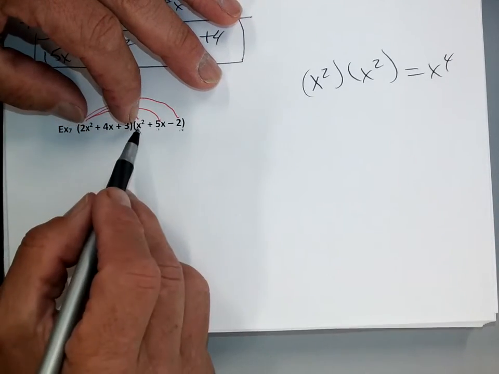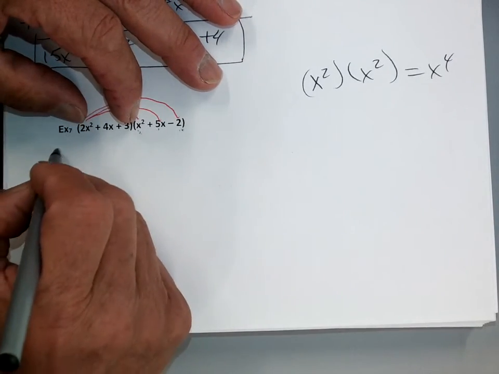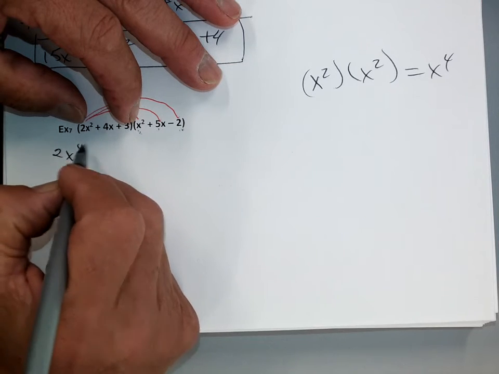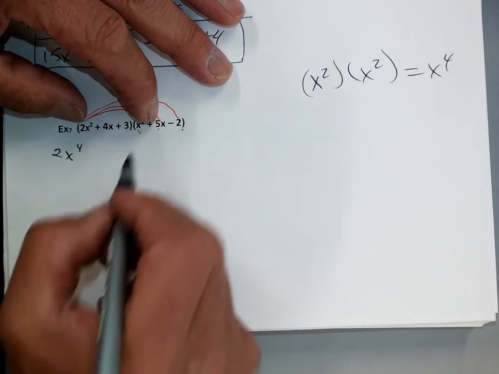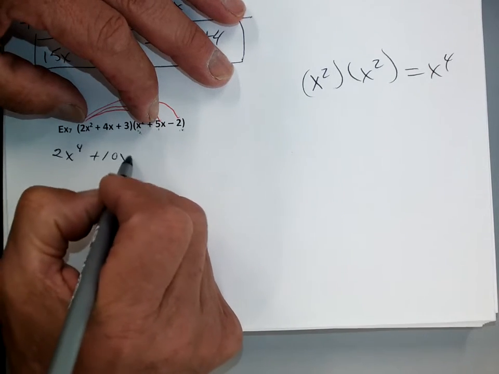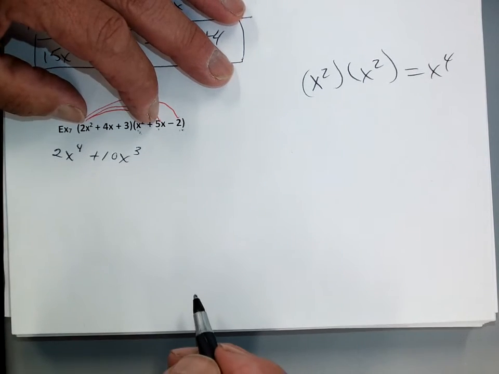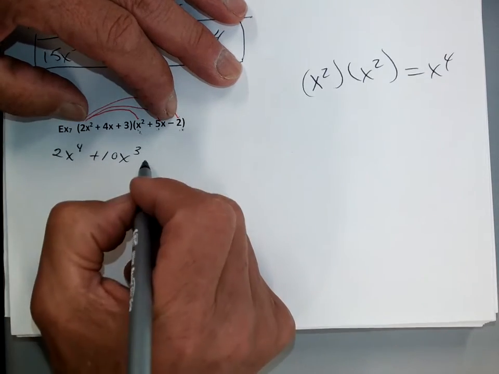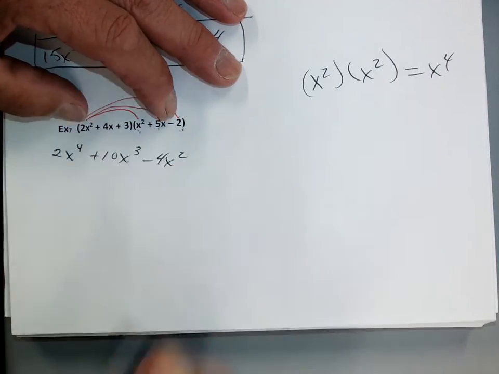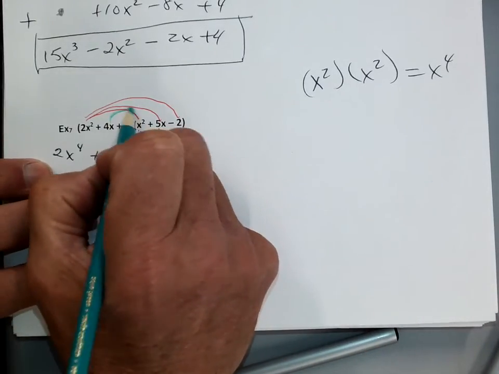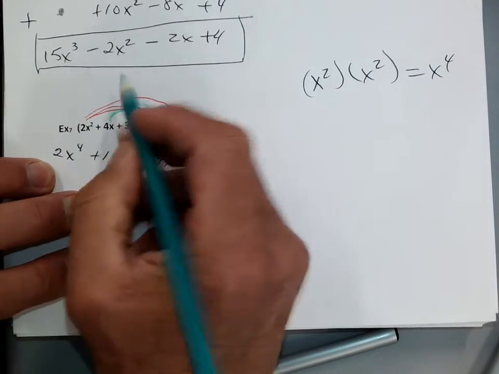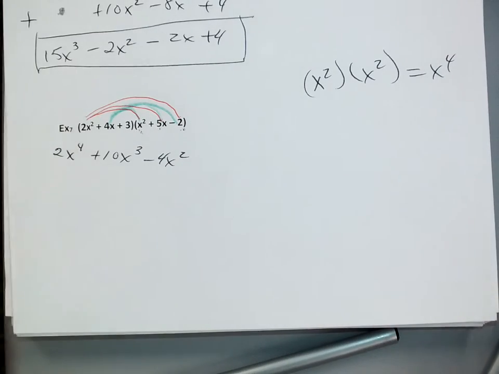Okay. So here we go. 2x squared times x squared is going to be a 2x to the fourth because I'm adding my exponents and multiplying. 2x squared times a 5x, a positive 10x cubed. 2x squared times a negative 2 is a negative 4x squared. All right, here we go. Let's take the 4x times x squared, 4x times 5x, and 4x times negative 2, okay?